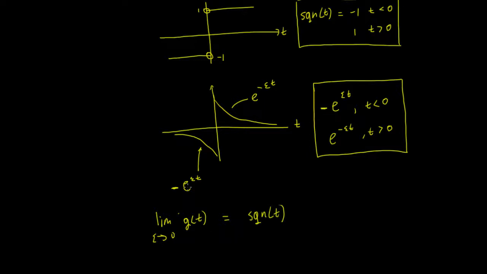We can see that because if we let epsilon tend towards infinity, you'll have an infinitely small value.